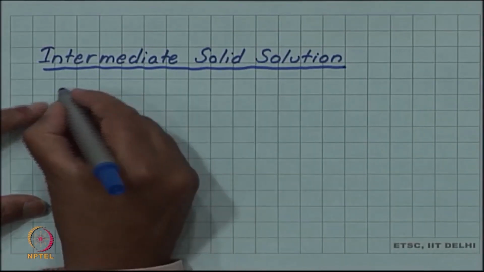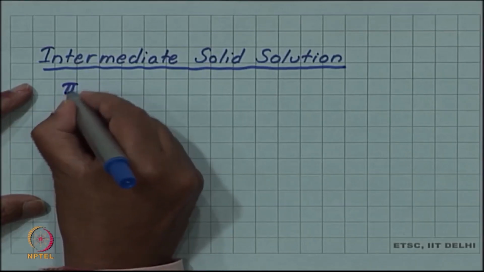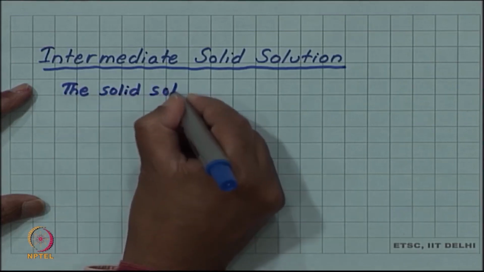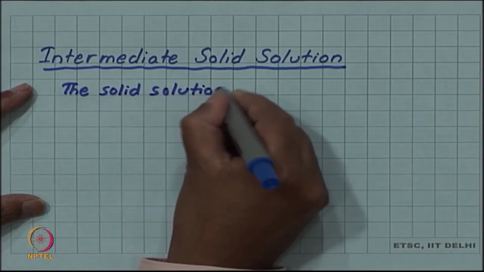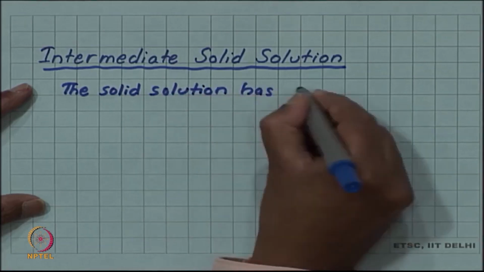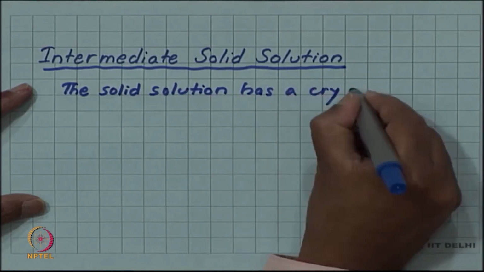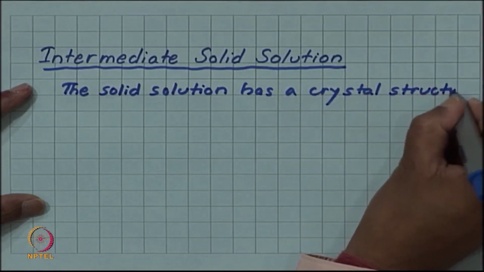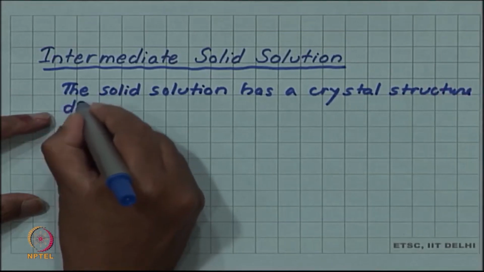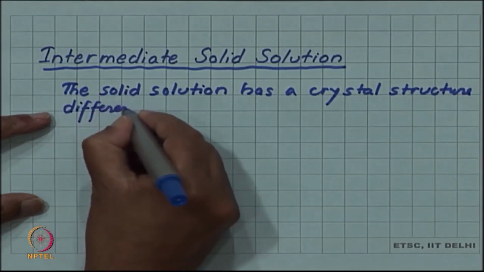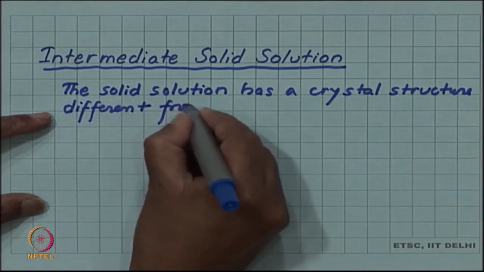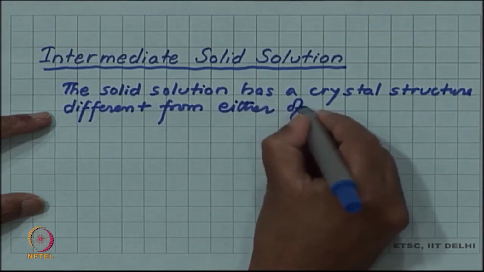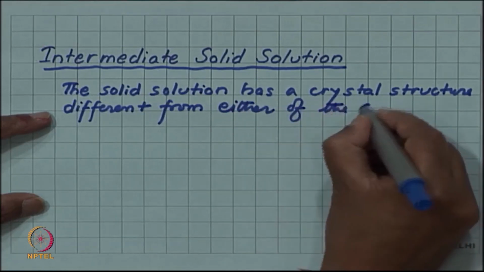So, in an intermediate solid solution, the solid solution has a crystal structure different from either of the component elements.